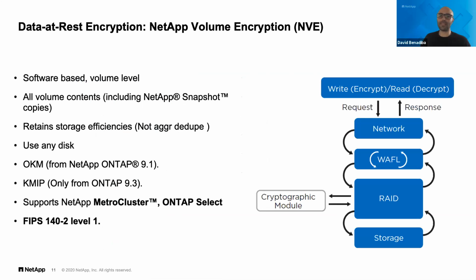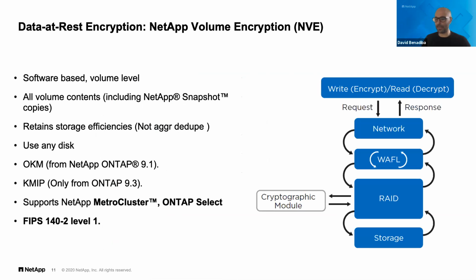Compared to that, we have software-based encryption. If we look at the data path again, when I'm writing a file, I'm going to the network, then WAFL, and then the RAID layer. At the RAID layer, I'm creating the blocks and putting them into stripes. At this moment, I'm leveraging what we call the TPM.